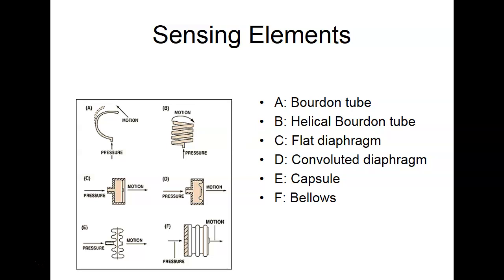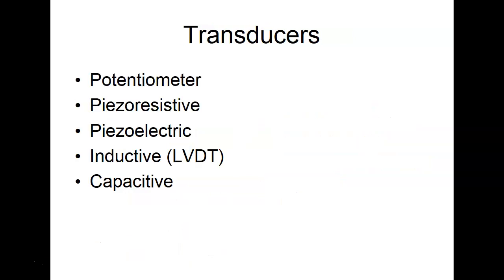So: bourdon tube, helical bourdon tubes, flat diaphragms, and we do have some of these. Convoluted diaphragms, capsules, and bellows. I think we've got a bellows and a bourdon tube. We don't have a helical bourdon tube, and we do have a diaphragm that I can show you.